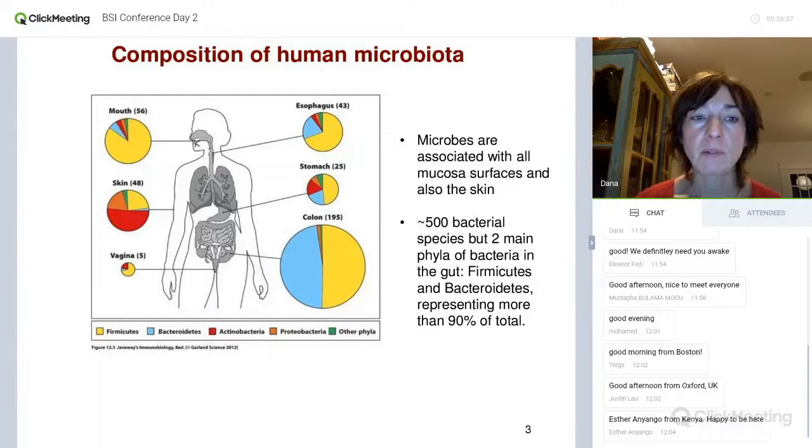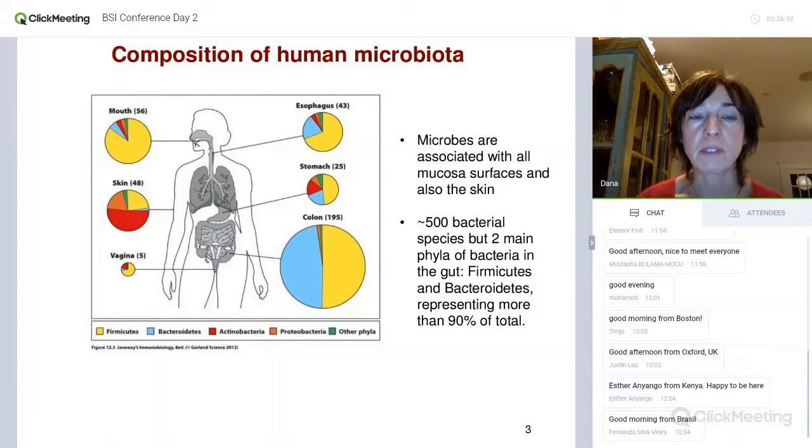And again, if you think about where they're living, this is mostly an anaerobic environment. So most of those bacteria are anaerobes. And compared to where you see the skin or the mouth, these organisms would be aerotolerant in some way, so facultative anaerobic bacteria that can survive in these oxygenated conditions.